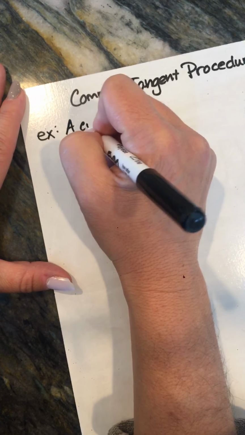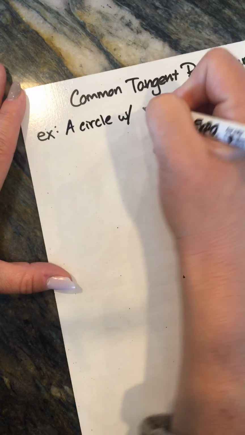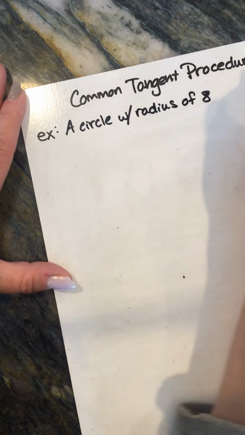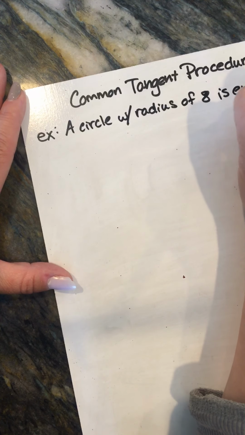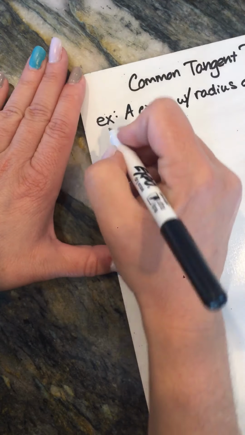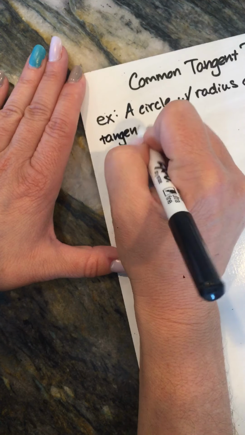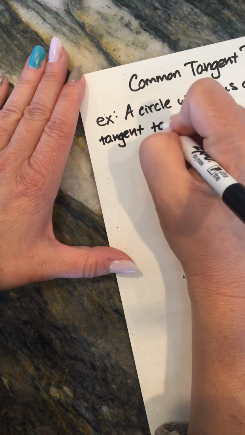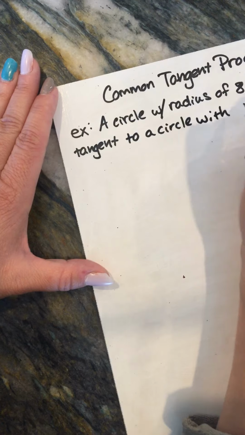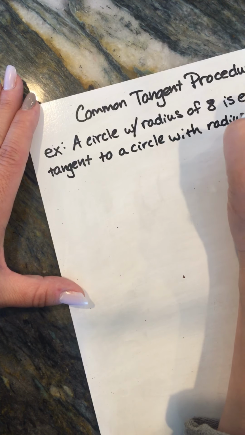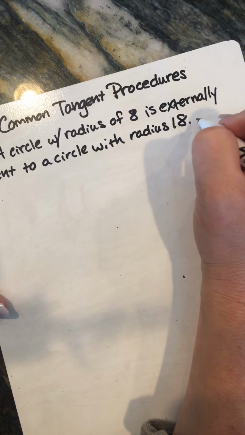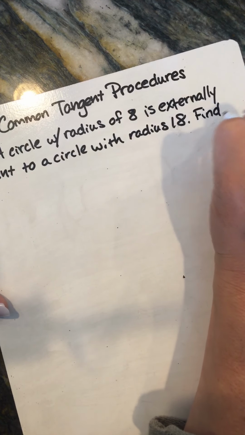So a circle with radius of 8 is externally tangent to a circle with radius 18. Find the length of the common internal tangent.